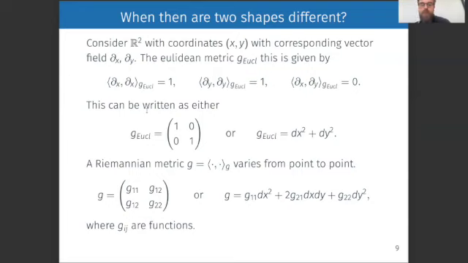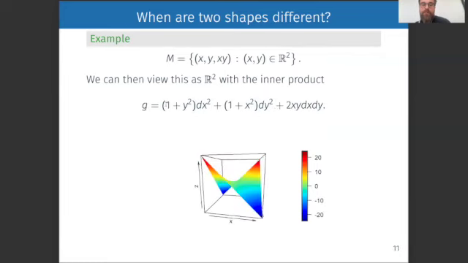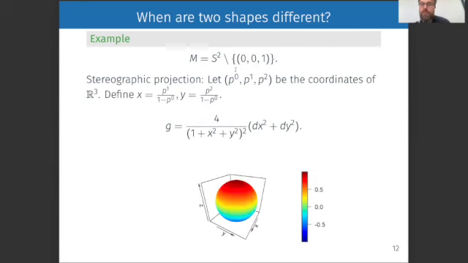So we can have some examples of how to put different kinds of metrics on R2, which represent different kinds of shapes. This metric over here represents, again, this folded paper. Here we have a saddle like this, represented by this Riemannian metric on R2. And we can even make a sphere without the North Pole by taking the plane and using a metric like this.